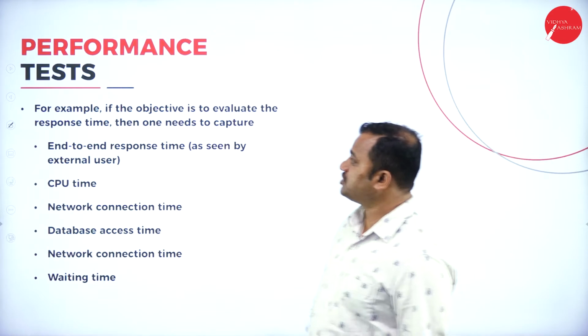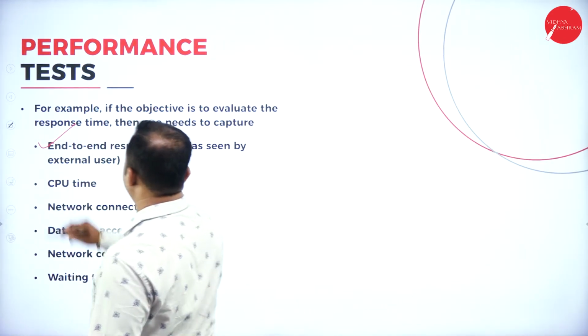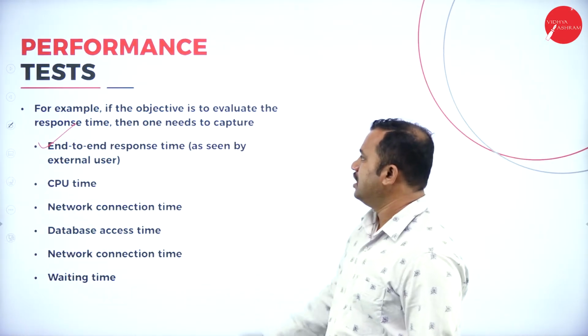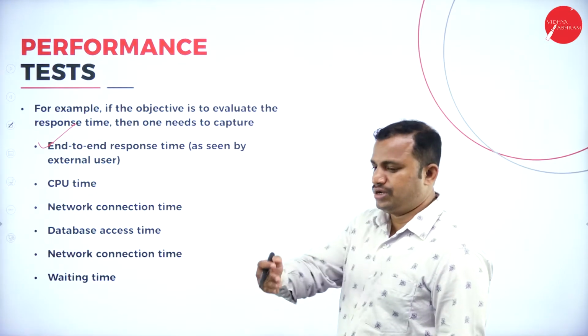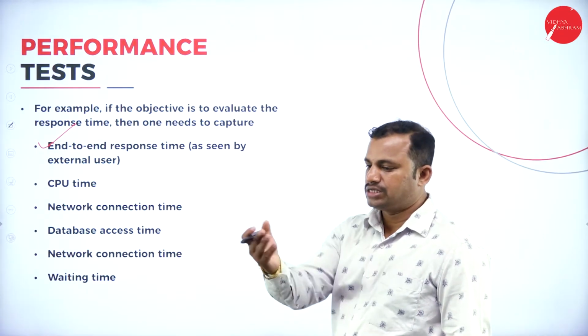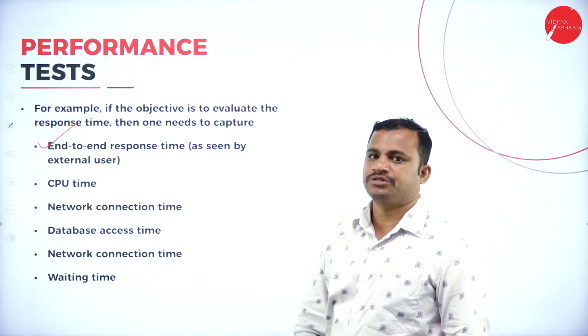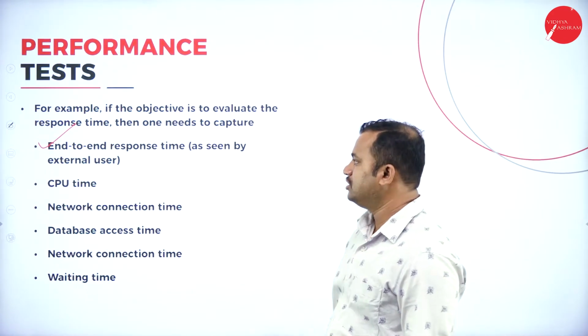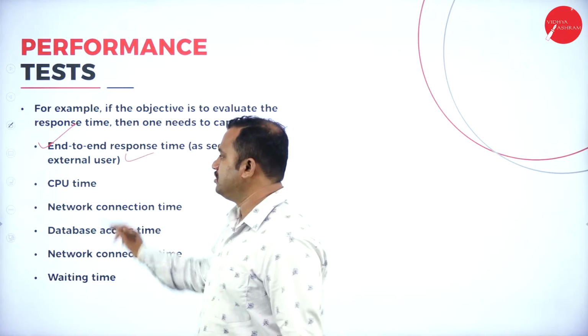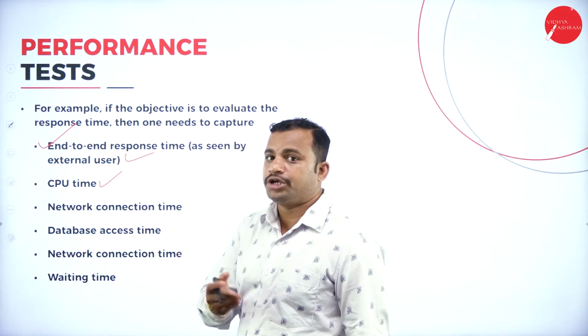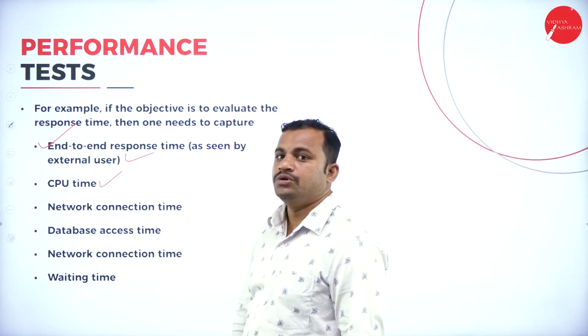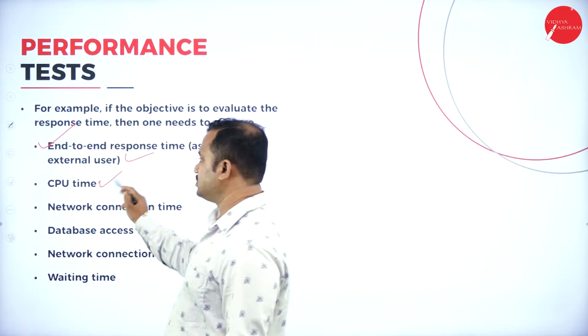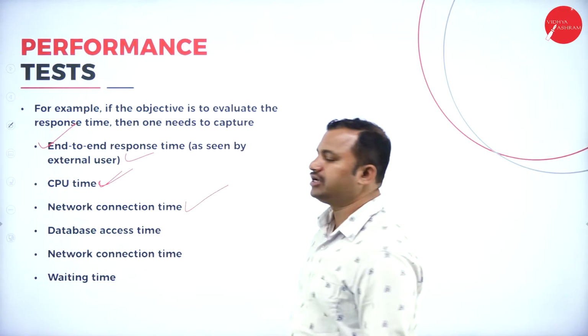The performance of a software also includes the end-to-end response time as seen by the external user. As soon as he gives input to the system, the response that is returned to him from the software is very, very essential. That is called the response time. The CPU time, that is the computational time taken by the system to perform the calculations, is called the CPU time. Then the network connection time.